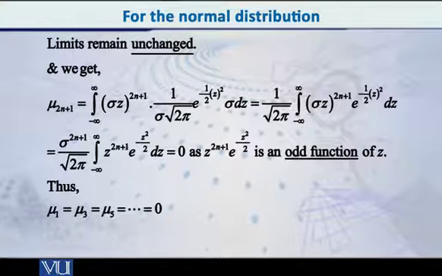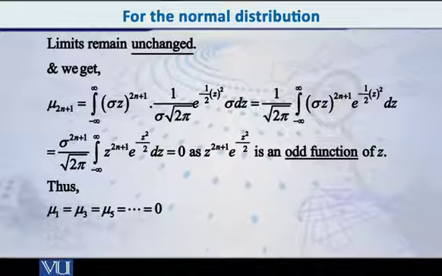Which one? Z raised to 2n+1 into e raised to minus z square over 2. Because an odd function is one where, if you put minus z in place of z, the whole expression gets a minus sign attached. Here, if you put minus z in place of z square inside the power, it will still be equal to z square. But the z raised to 2n+1 at the start, if you make it minus z raised to 2n+1, since 2n+1 is an odd number whatever n you take, minus z raised to an odd number, for example if it is 3, so minus z raised to 3 is equal to what? Minus z raised to 3.